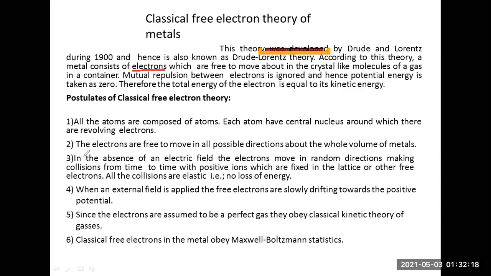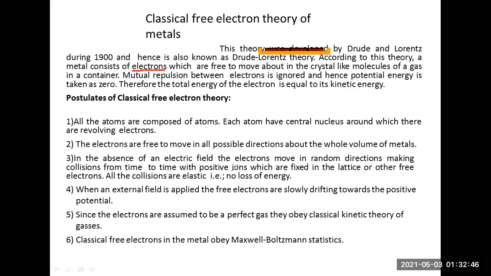If there is no electric field, then the electrons move in random directions, colliding with each other from time to time. Definitely, electrons will collide with each other, but here we are interested in how these electrons collide with the positive ions inside the metal.